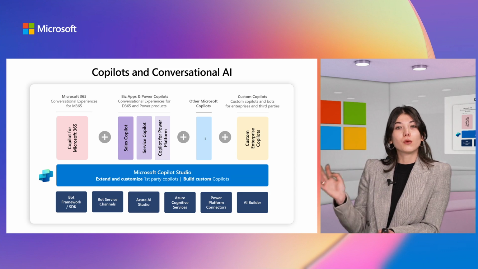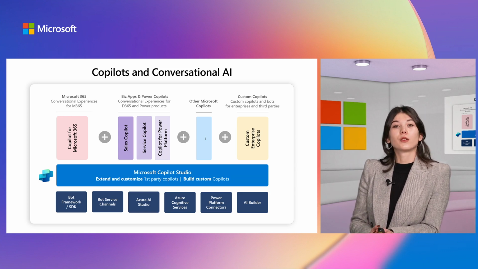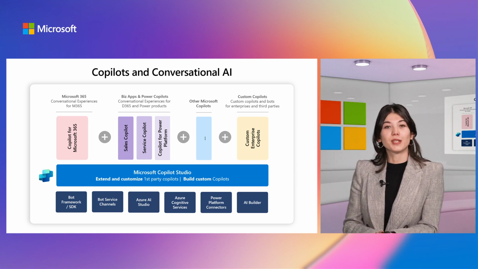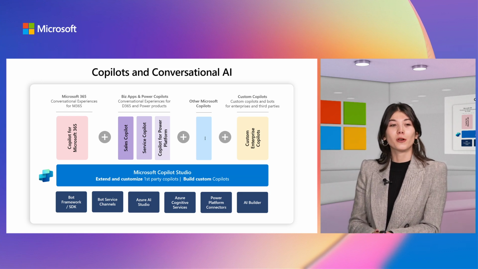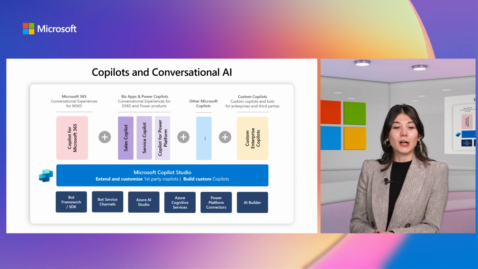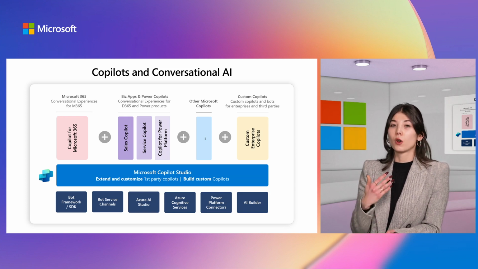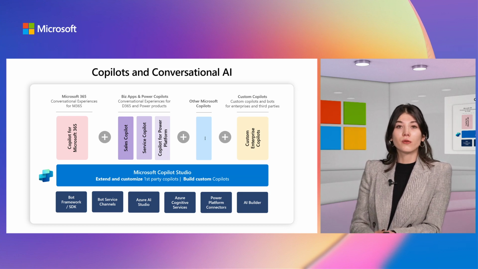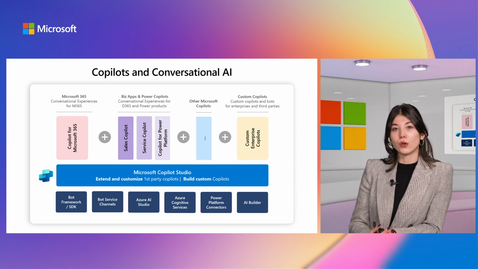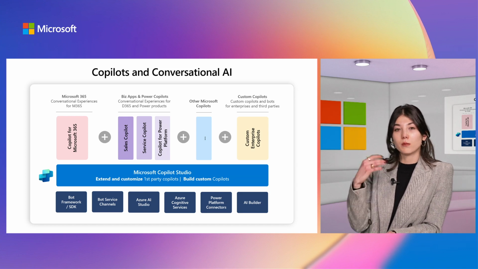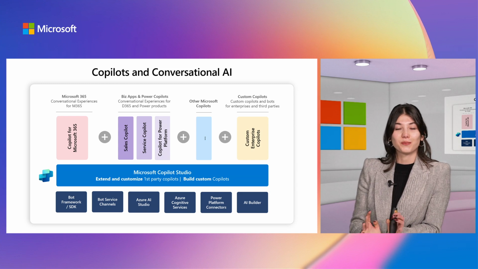This is something I will refer to in the next slide as well, but there are some differences here, so bear with me. And of course, you can also see that you can include Copilots that you build custom from third-party tools or also other Copilots built with Copilot Studio.